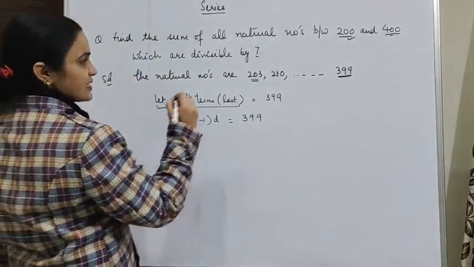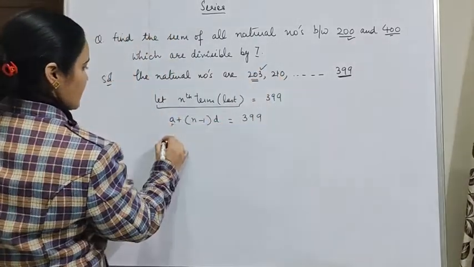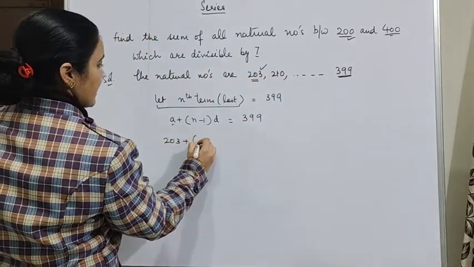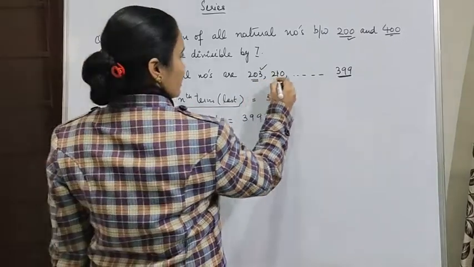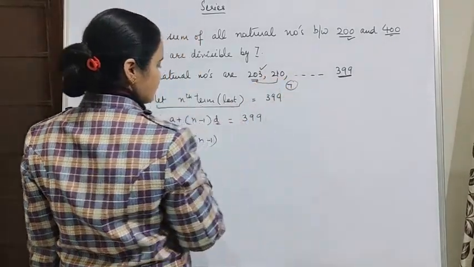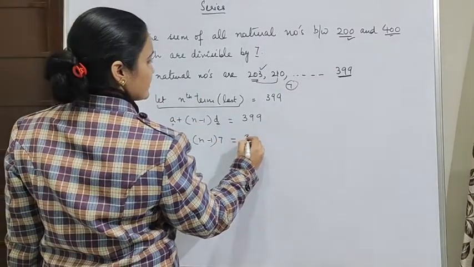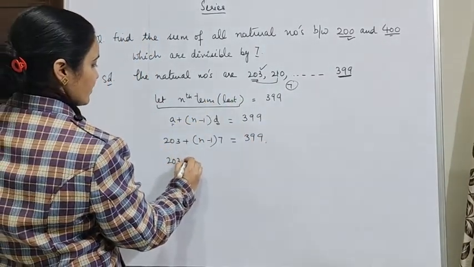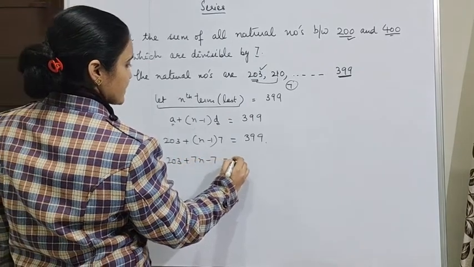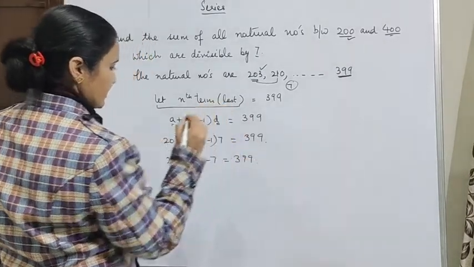A is the first term, which is 203. What is D? D is the common difference. The difference is 7. So it is 203 plus 7n minus 7 equals 399.